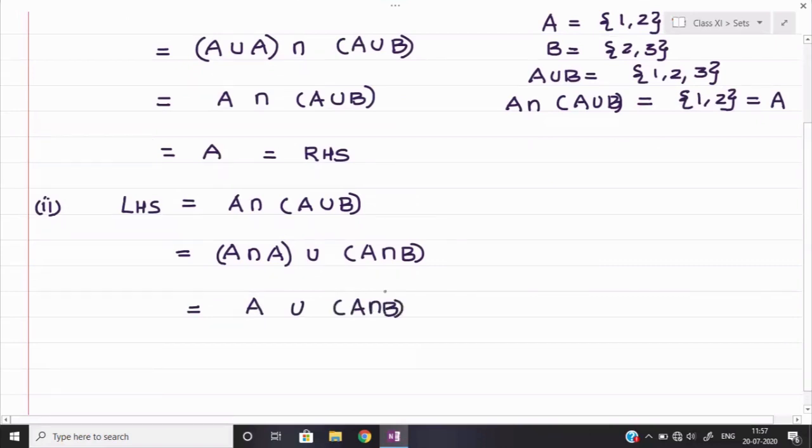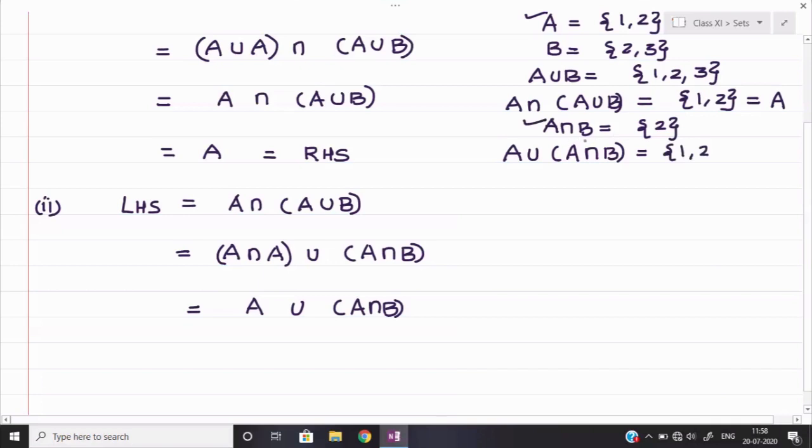Suppose I take the above example only, and here I find A intersection B. So A intersection B is equal to {2}. Look at the elements of A and B. Definitely we'll say that the intersection is 2, because 2 is the only common element between them. Now let me find the union of A and A intersection B. Look here, this is A and this is my A intersection B. First I will write down the elements of A, that is 1, 2.